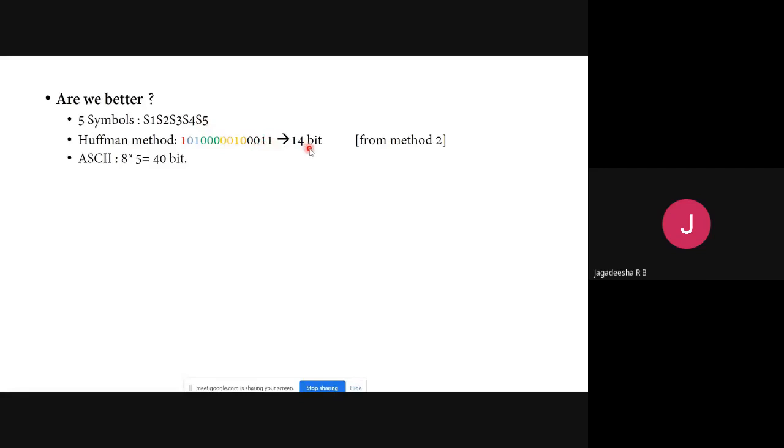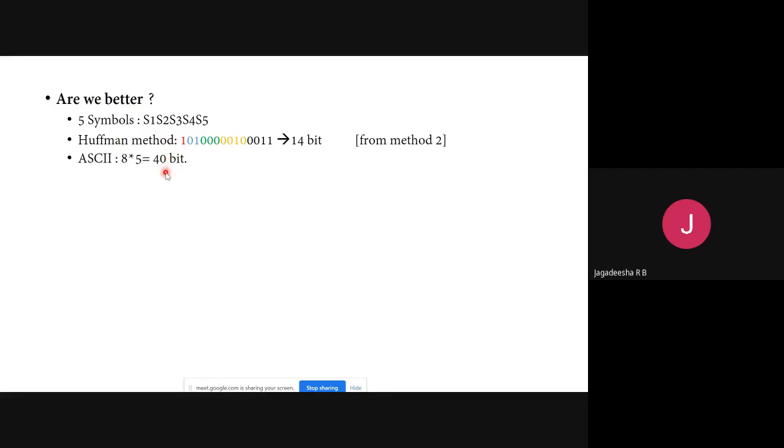Totally 14 bits. That is the second method I used. Similarly, you can write about the first method. If you use ASCII, then there are 5 symbols, each occupying 8 bits. We need 40 bits. So of course, this Huffman is better than ASCII because it's a variable length coding.